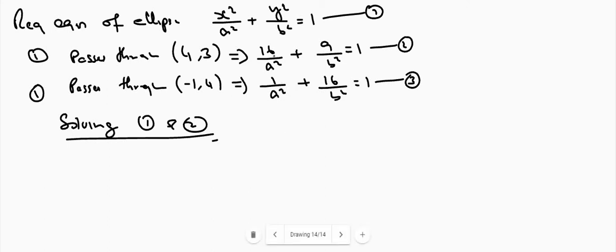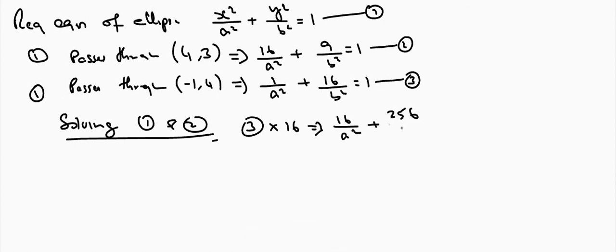Multiply the third equation by 16 and subtract. That gives 16 by a square plus 256 by b square equal to 16, and the second equation is 16 by a square plus 9 by b square equal to 1.